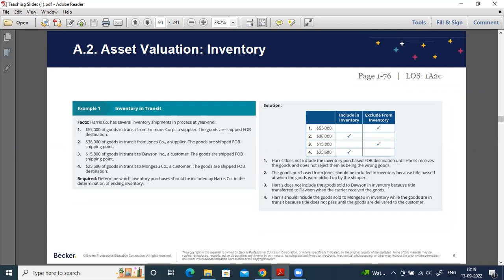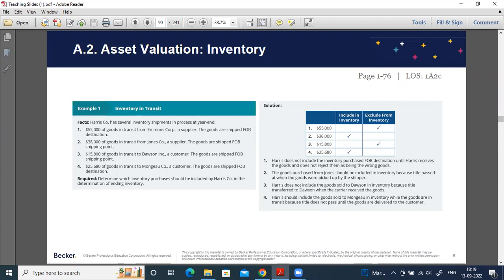Now, in that case, if the transport is done through FOB destination, then that Australian company which purchased our goods needs to show it as their inventory only when they receive it, because it is an FOB destination shipment.